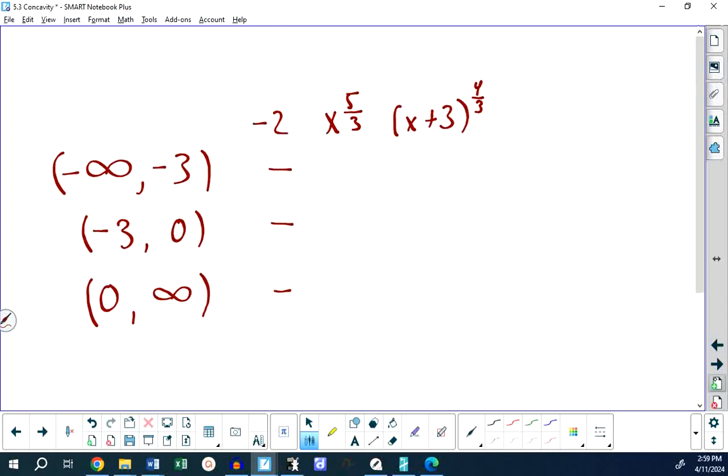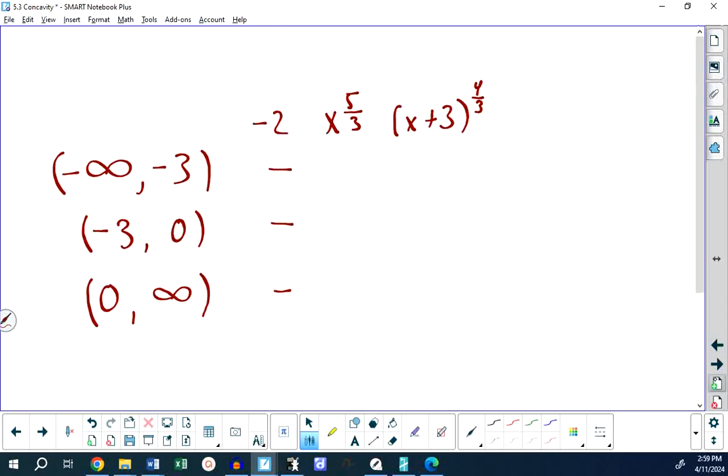Now, as I was saying before my mistake was pointed out, some of you may choose to put the negative 2 and the x to the 5/3 together as a single thing. By the way, x is raised to the 5/3. 5 is an odd degree. Doesn't matter what the denominator of that is. You're going to raise x to an odd number and then take a cube root.